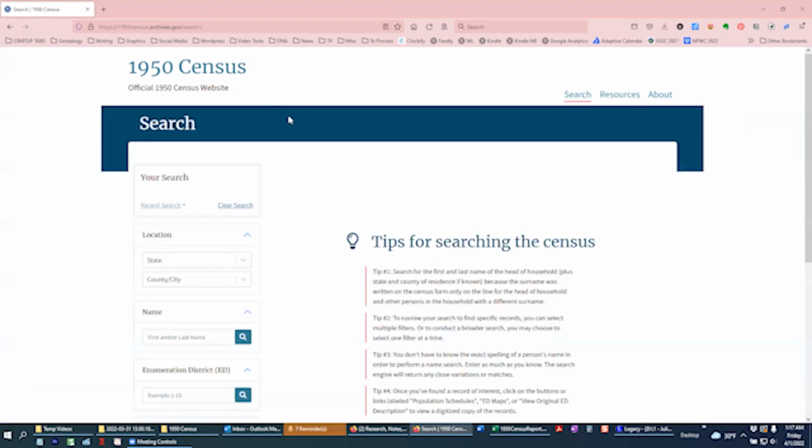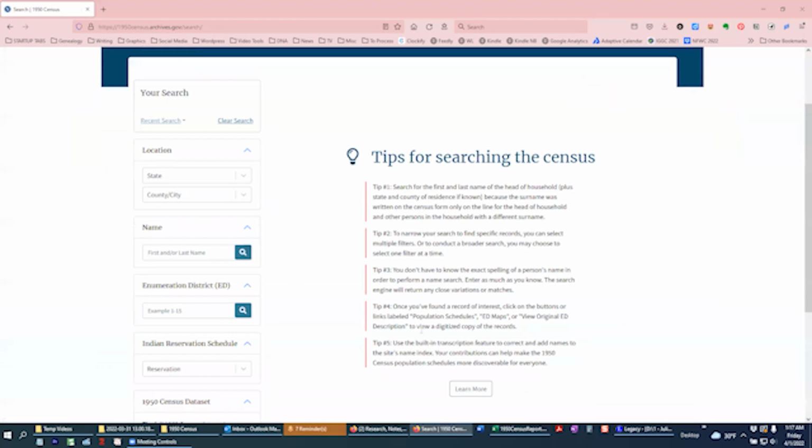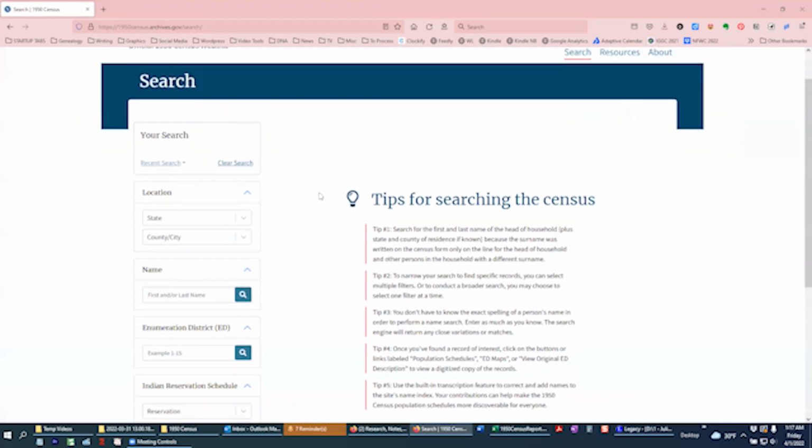All right, so we come to this screen, and there are some tips here. Now, the first person I tried to search for was my dad, because my mom's maiden name is extremely common. My dad's not so much. It is common, but not too bad. So I picked the state.